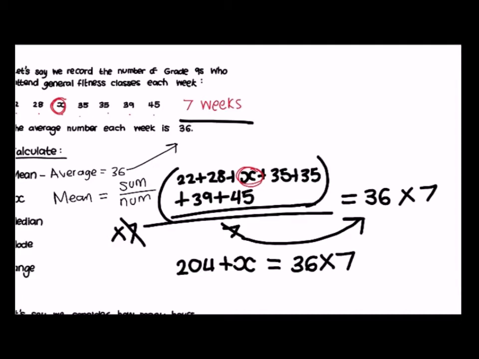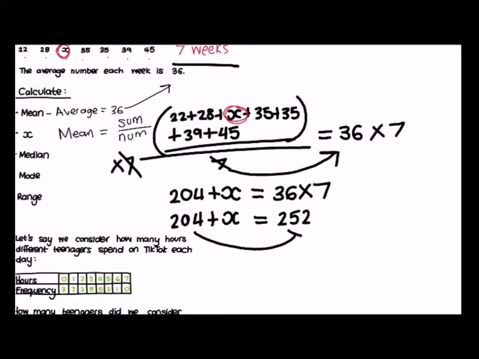Then we calculate 36 times 7 is 252, and this side is still 204 plus X. Then we simply take the 204 across, so we get 252 minus 204, and on the other side we've just got X. So we find that X is equal to 48. That's how we do it when we're given the mean and asked to work backwards to find some of the data. I'm going to erase this, so pause it if you need to copy it over, and then we can carry on with the rest of the questions.